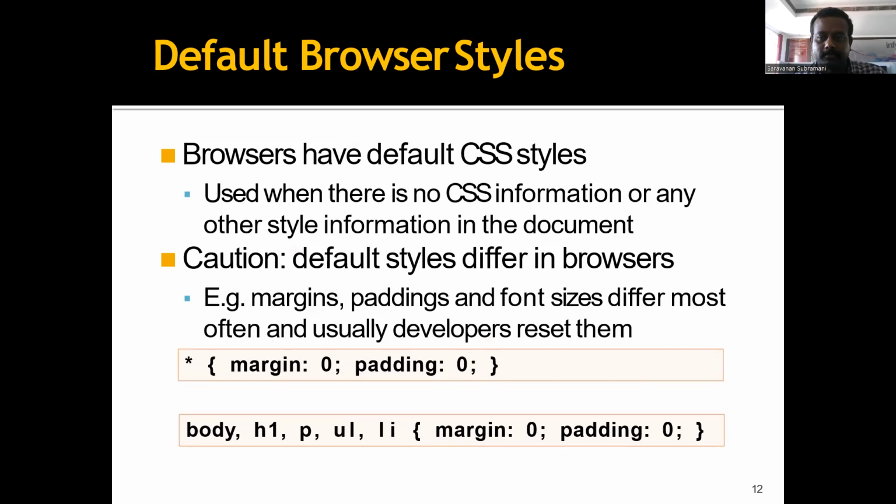There are some default settings that differ, based on margins, paddings and font styles, so usually developers reset them. Star is the universal selector, I hope you know, like margin 0 and padding 0.